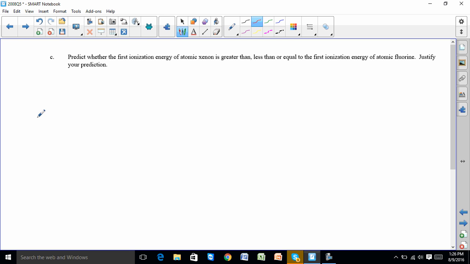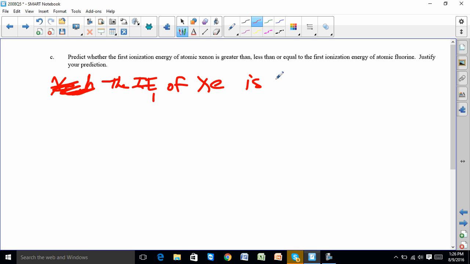Switch colors. I'm going to say something like the IE1, I'll write it out, of xenon is less than fluorine. Okay, I'm going to write that nicer, but you've got to answer the question first.